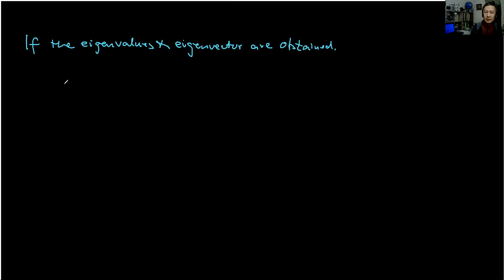Let's just talk about A first. We just use this example. You remember A, -1, -2, 4, 5? If we know the eigenvalue and eigenvector, what does it mean? Can we simplify this? Can we rewrite this form?